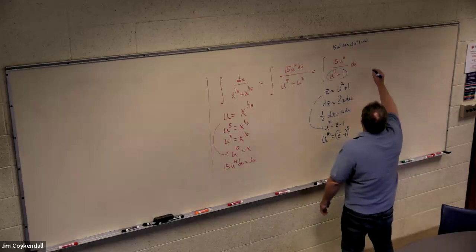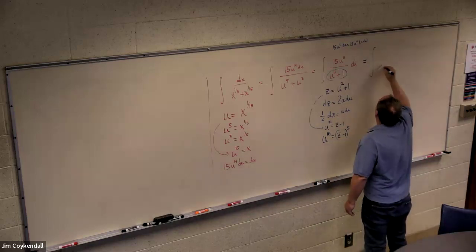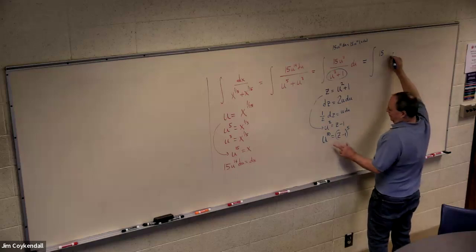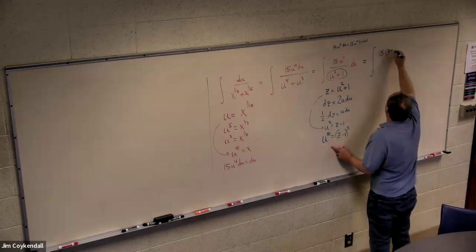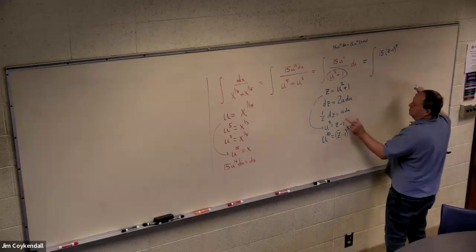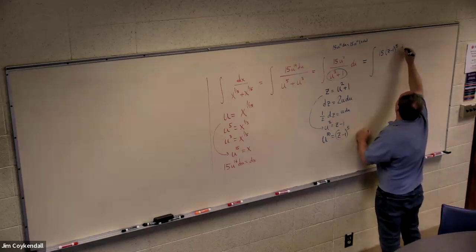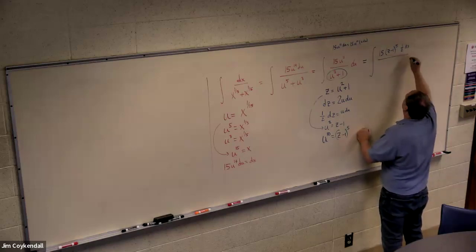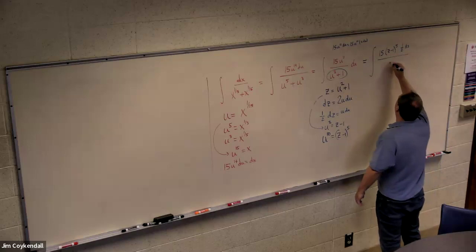So now, let's see what this becomes. This is 15, u to the 10, this mess. And then I get just.